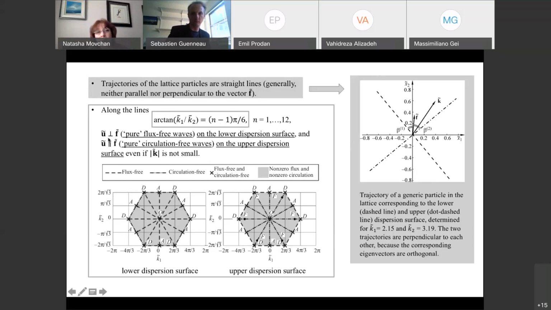In particular, on these lines, on the low dispersion surface, u will be orthogonal to f. So on these lines we will have so-called pure flux-free waves.